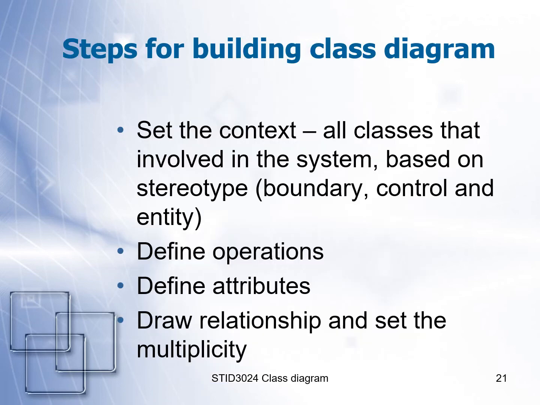Alright, so by now you know the notation of the class diagram. You need to put attributes and methods. You need to identify the stereotype of the class, whether it's a controller, entity, or boundary.